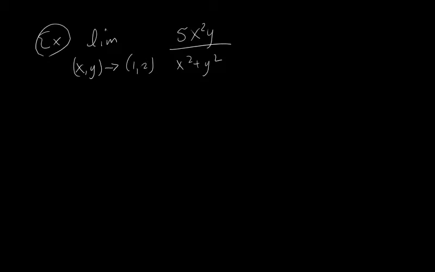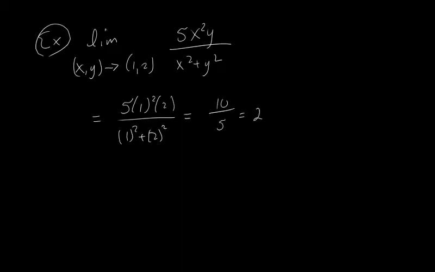Everything else is valid, so (1, 2) is certainly valid. We can just plug that in. So this limit is equal to 5 times 1 squared times 2 divided by 1 squared plus 2 squared. That's equal to 10 over 1 plus 4, which is 5, which is equal to 2. And there's our limit.